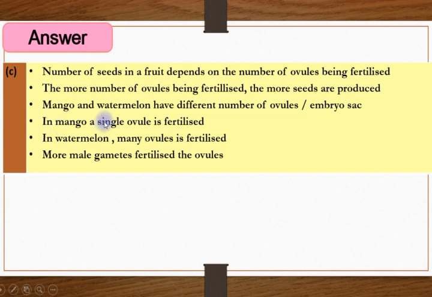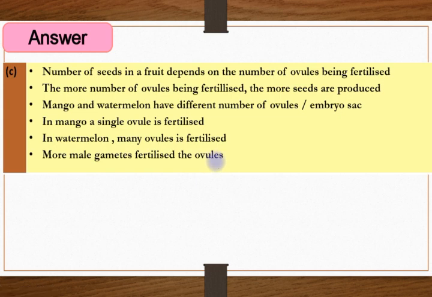In a mango, a single ovule is fertilized, whereas in the watermelon, many ovules are fertilized, so more male gametes fertilize the ovules.